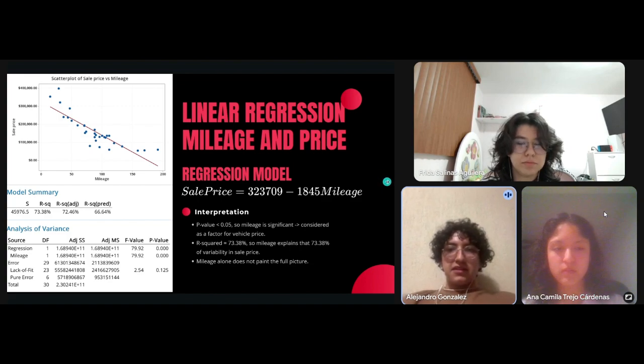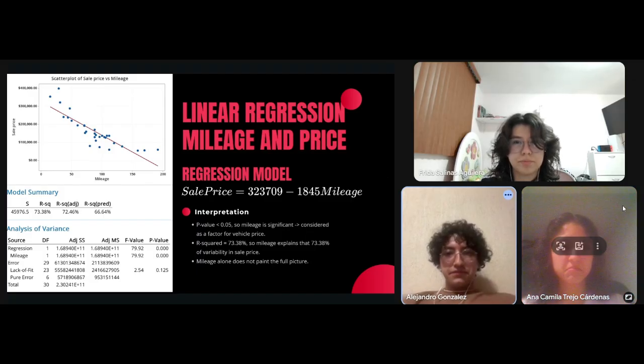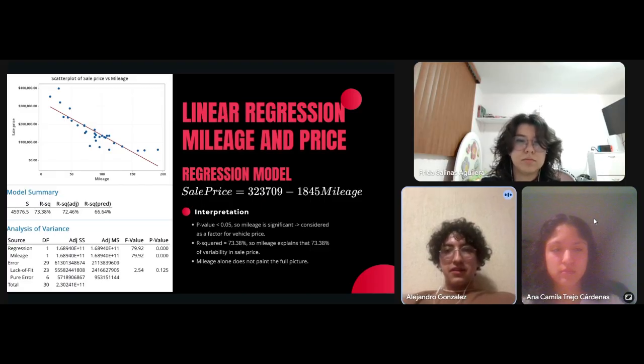So this model again was found to be statistically significant because the p-value we got was basically 0 and the R-squared was 73.38, which means that the mileage explains a large portion of the price.